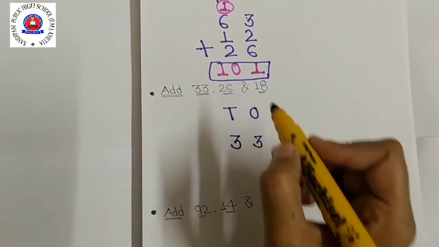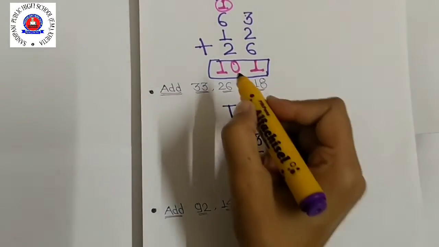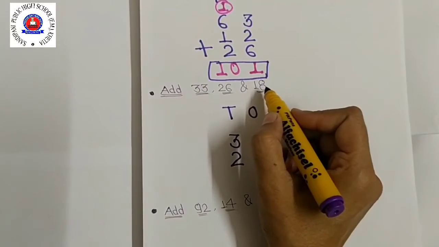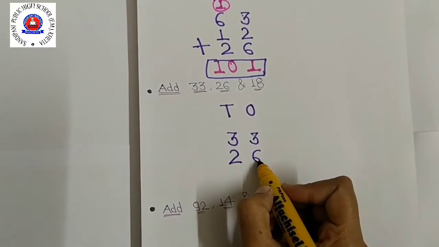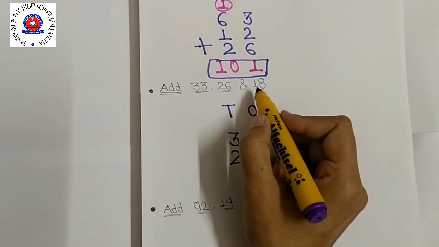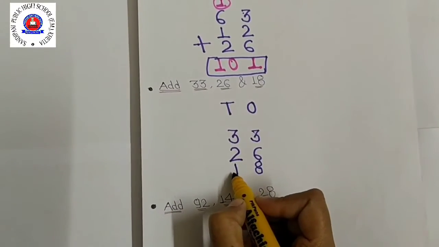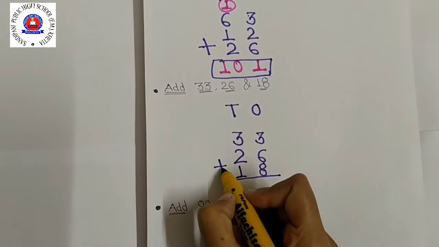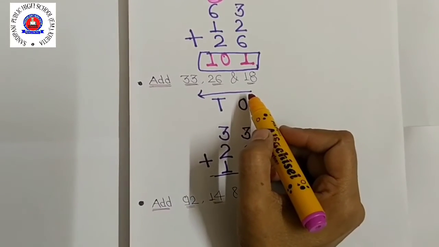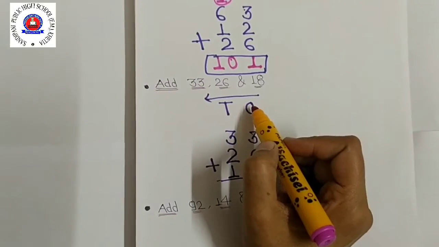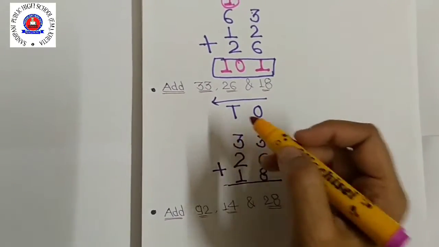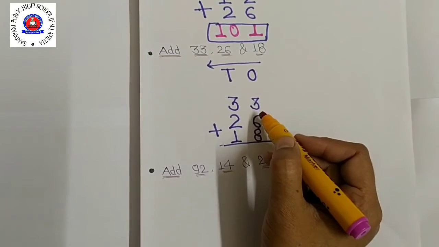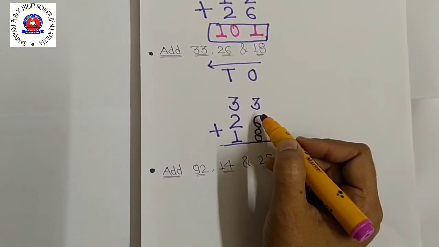In 26, 6 is written in the ones column and 2 in the tens column. And in 18, 8 is written in the ones column and 1 in the tens column. Draw the line. Put the plus sign. The arrow is indicating that we should start from ones, then move to tens. So add the digits in the ones column. 3 plus 6 is what? 9.